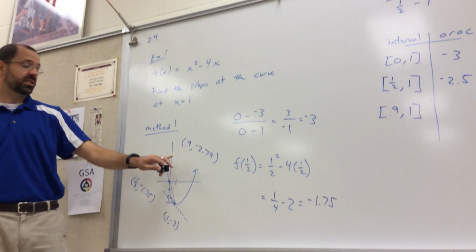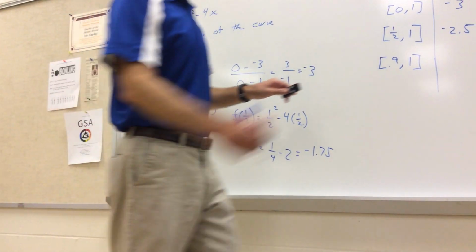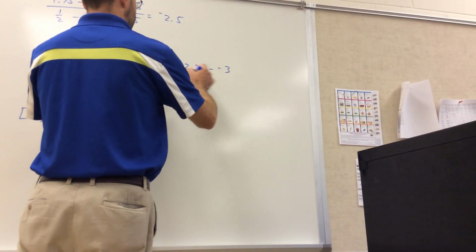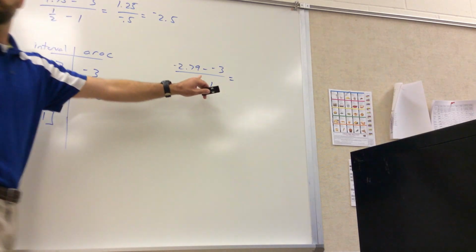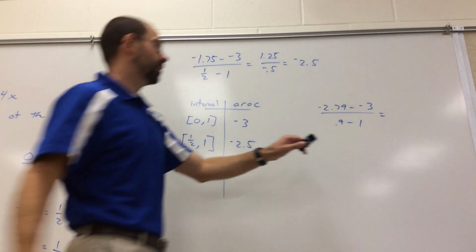Okay, now I'm going to calculate the slope between that point and 1, negative 3. So that's negative 2.79 minus negative 3 all over 0.9 minus 1. And that comes out to negative 2.1.